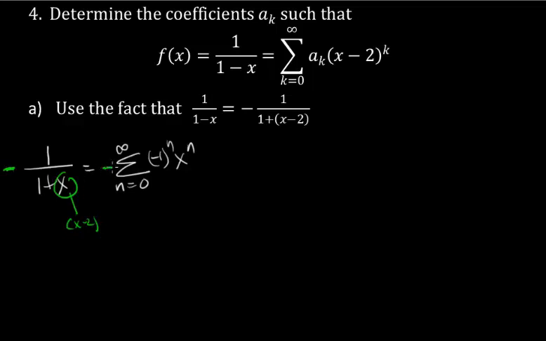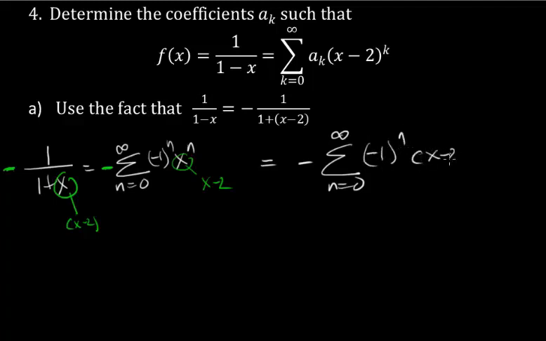Put a minus in front of the series and replace x with x minus 2. So that gives us minus the sum from n equals 0 to infinity of minus 1 to the n, x minus 2 to the n.